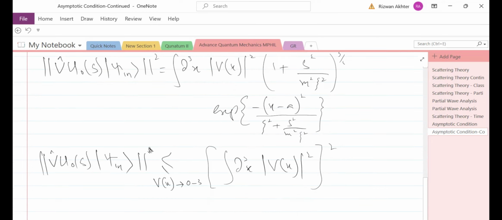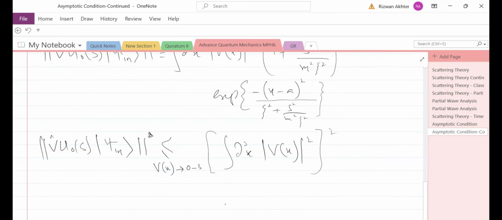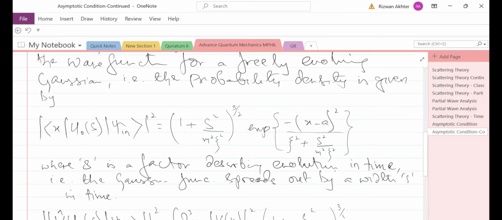This cancels out, so we take a square root, times the integral from minus infinity to 0 of ds of (1 plus s square upon m square xi square) to the power 3 by 4, with a minus sign.